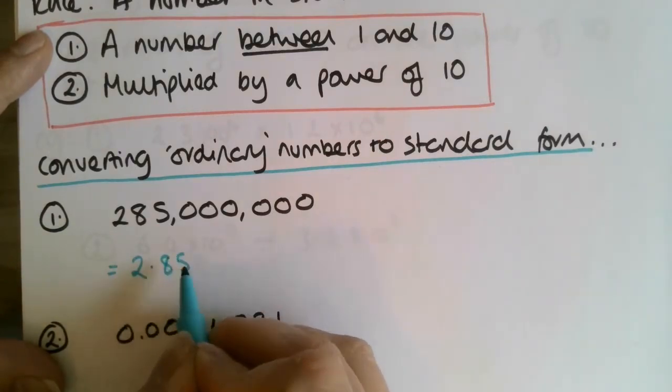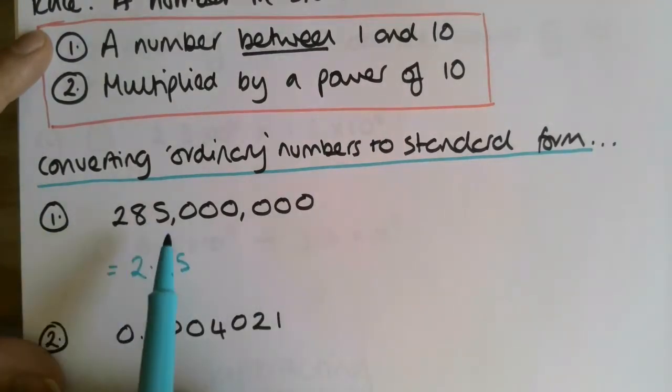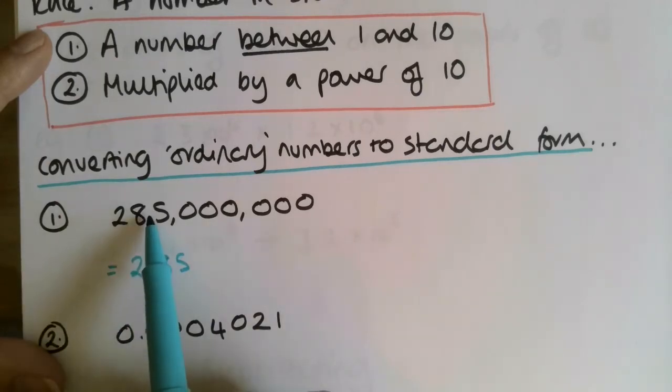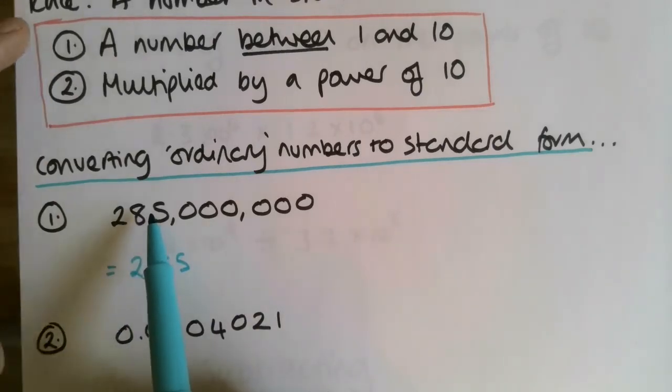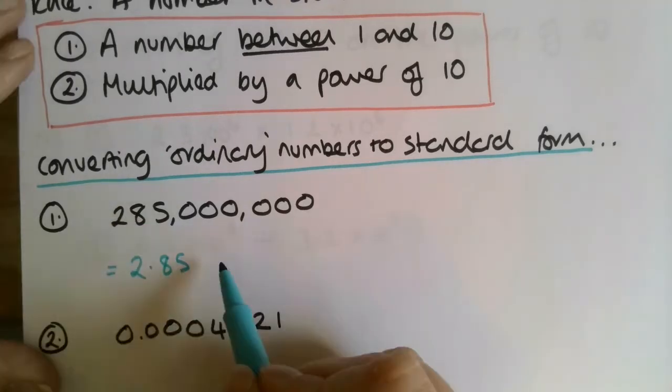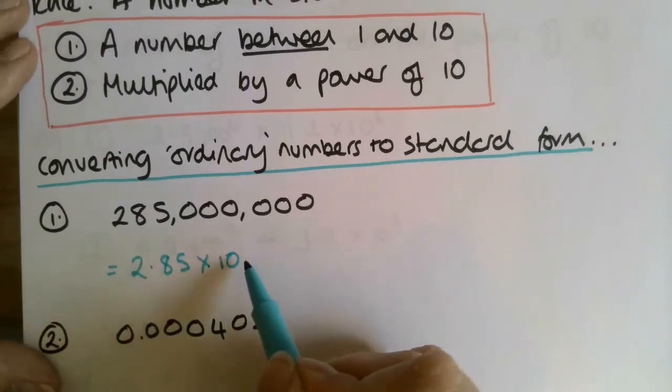I knew that because I just took the digits that are here and thought, where could I put my decimal point to make this a number between 1 and 10? If I put it in here, that would be 28.5. That's obviously not between 1 and 10, so it has to be in there. So 2.85 multiplied by 10 to the power of something.